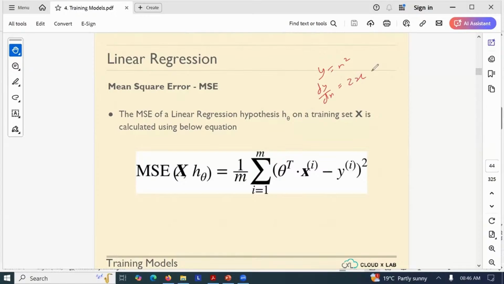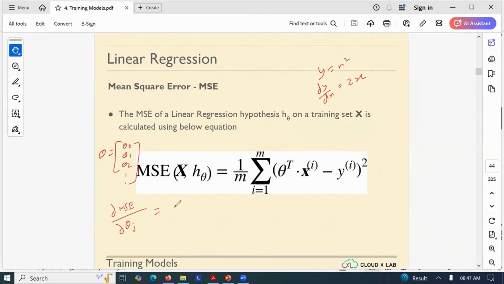So here theta is a vector, right? So we will have theta 0, theta 1, theta 2, and so on, right? So we will partially differentiate this function with respect to theta 0, theta 1, theta 2, right? If we partially differentiate this MSE function with respect to any particular theta, let's say theta j, then as with y is equal to x square, after differentiating we will get 2 times x, right? Okay, so the same we can apply here.